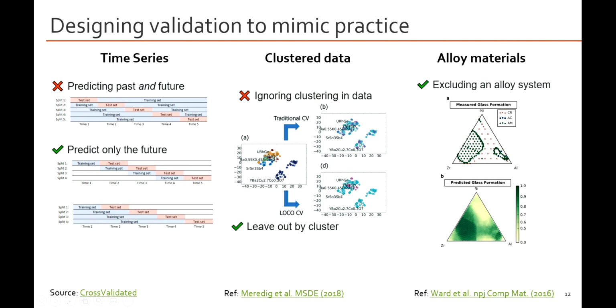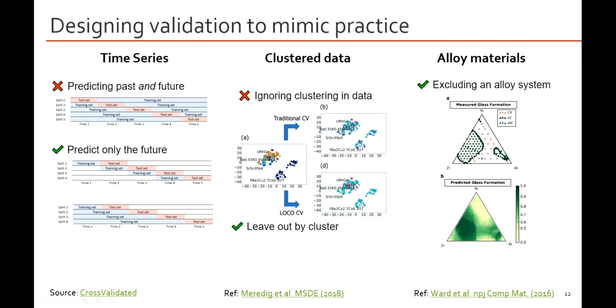Another way of doing this is not necessarily to rely on data-driven clusters, but I can take my data based on different alloy systems, and knowing that I want to use that machine learning model to predict the behavior in new alloy systems, I could do a test where I intentionally exclude all data from a certain phase diagram.